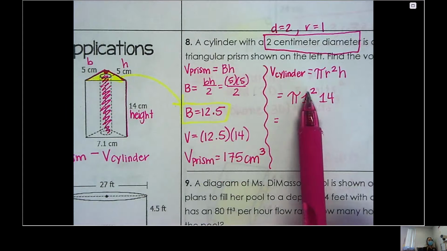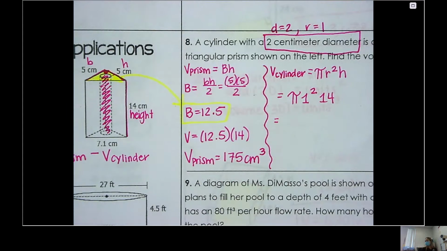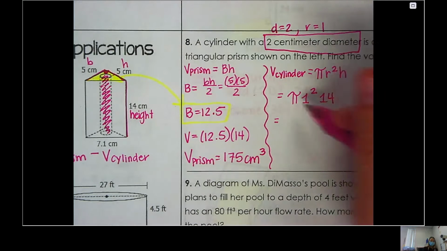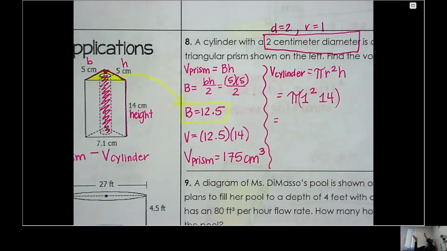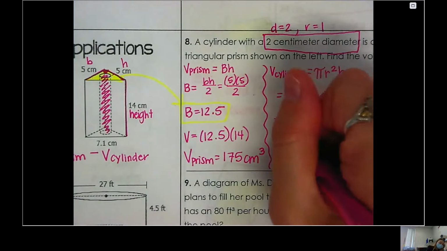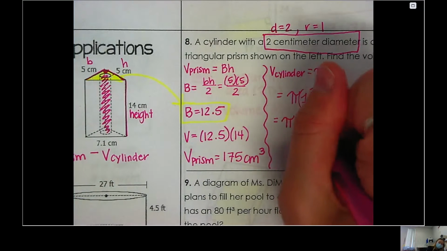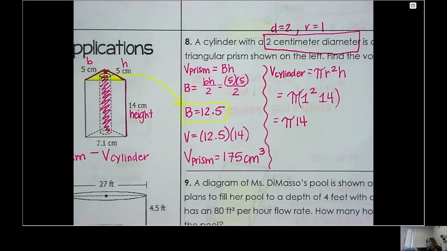What's 1 squared? That means 1 times 1. Oh, it's 1. What's 1 times 14? 14. So this whole thing right here, I can reduce to just be a 14. So your exact answer is pi times 14.